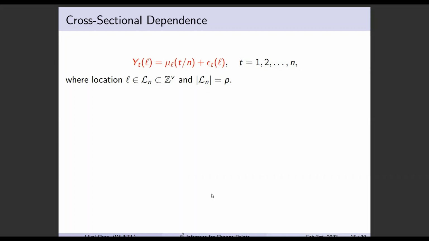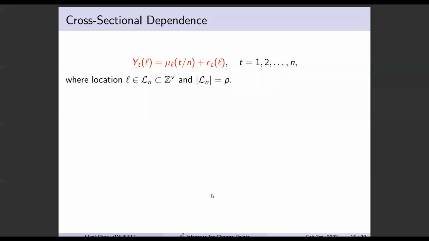So the total number of locations is p. So here L corresponds to the location, and we observe a time series at each location. So you can imagine there are a lot of sensors on, say, let's just consider V to be a two-dimensional space.